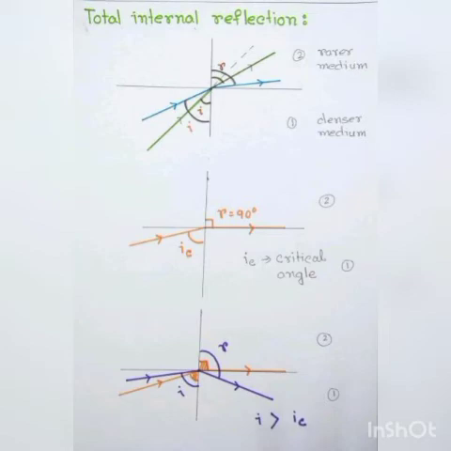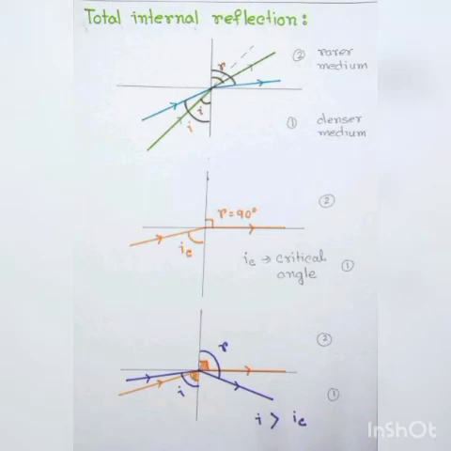Now observe the second diagram. We will get a particular situation for a particular incident angle where the refracted angle will become 90 degrees. So for a particular incident angle, the refracted ray will pass along the interface of the two media, the rarer and the denser medium.